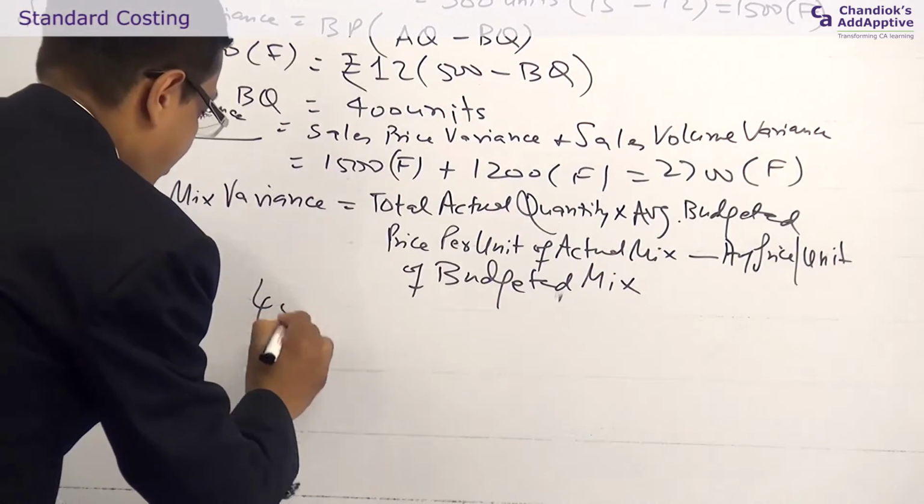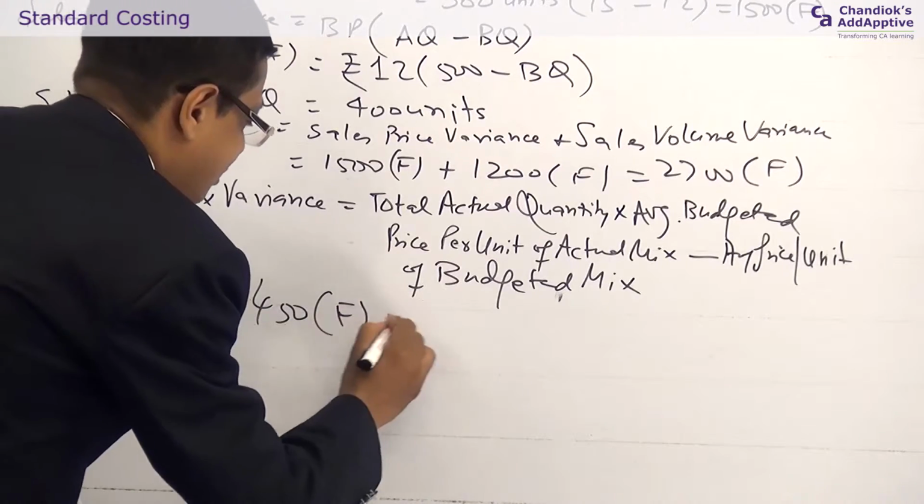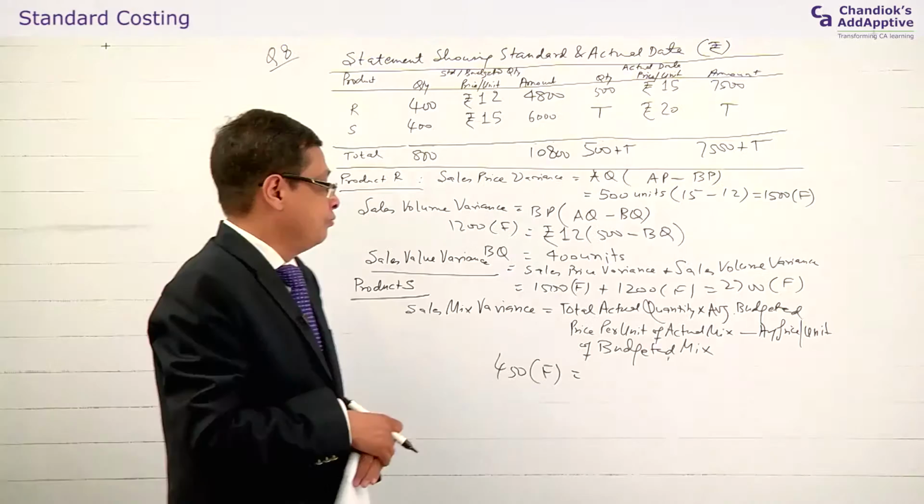So, the question says this is 450 favorable.